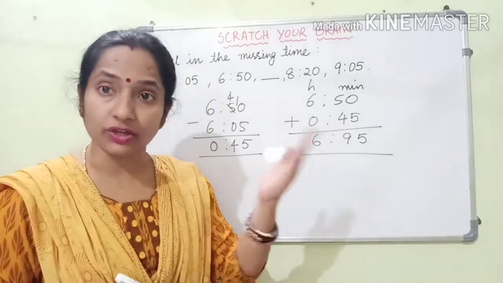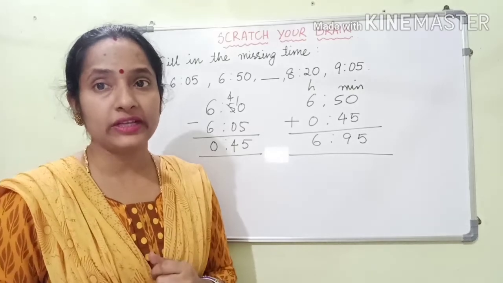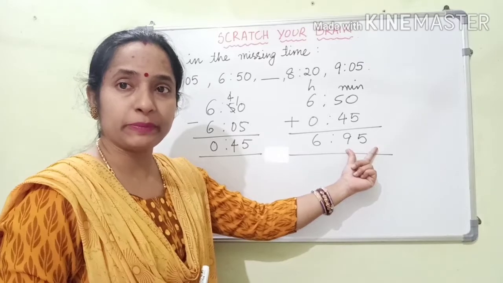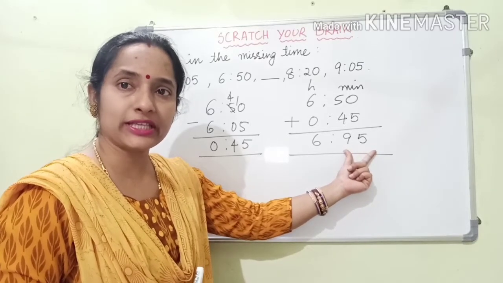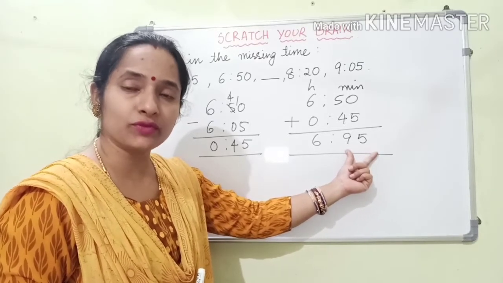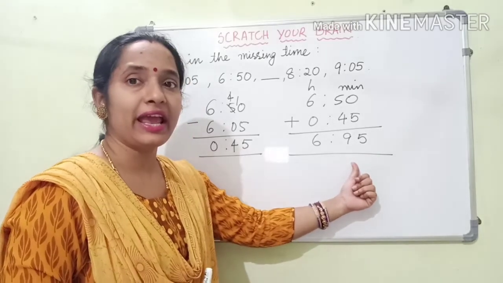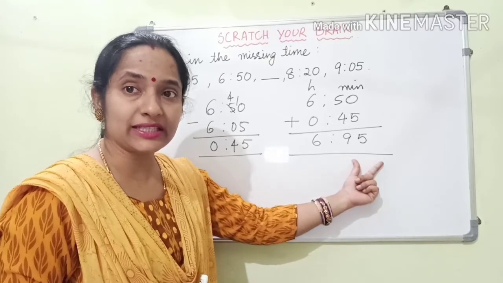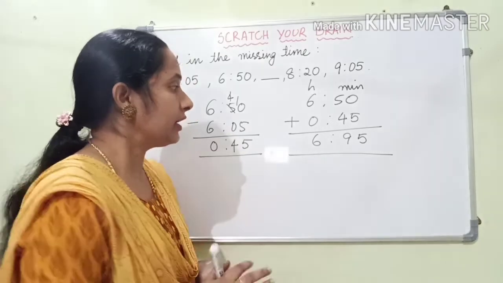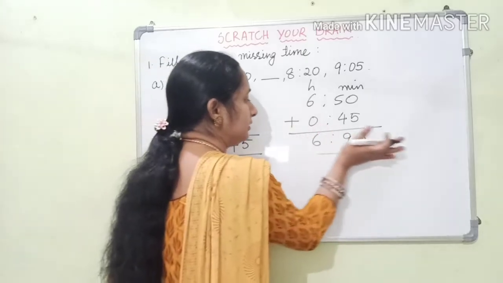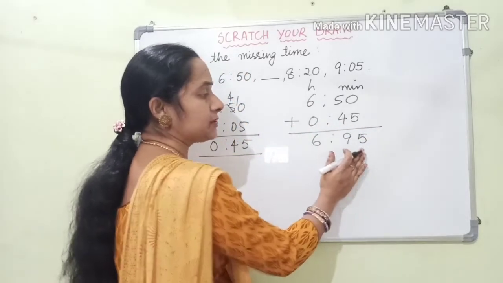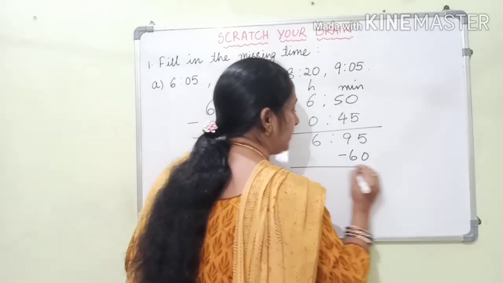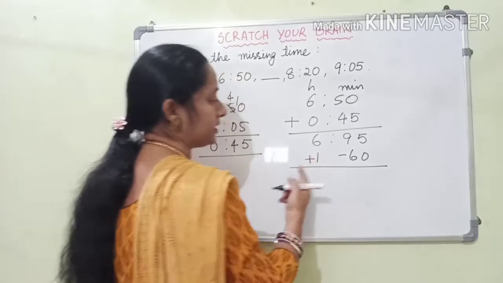Now children, just recall what we have learnt in addition of time. If the number in the minutes place is equal to 60 or more than 60, then what do we have to do? We have to subtract 60 and send it as a carry to the hours part, because 60 minutes is equivalent to 1 hour. As here in the minutes part we have more than 60, we can subtract 60 and send it as a carry to the hours part.